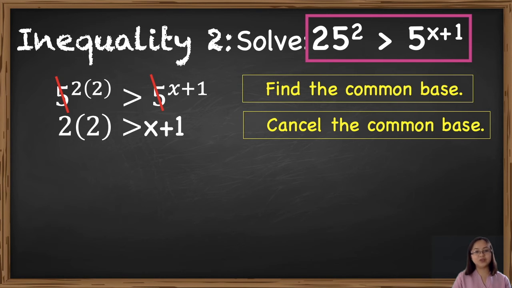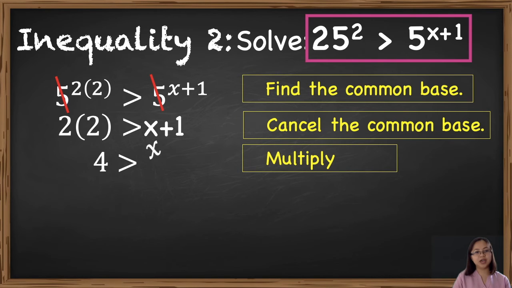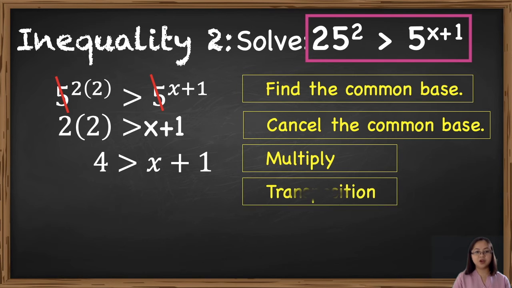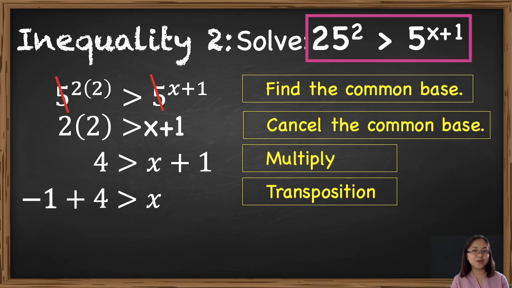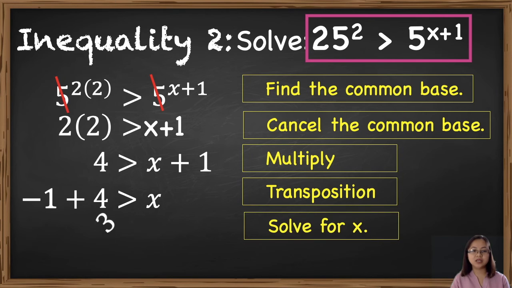And we could also transpose. We have to transpose positive 1 to the other side, giving us negative 1. So we're just going to copy positive 4 and then greater than x. Now let's solve for x. Negative 1 plus 4 is equal to positive 3, greater than x. But we are looking for x, so it would be better if x is at the left side of the inequality. So we could say that x is less than 3.